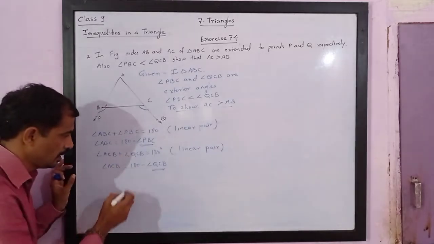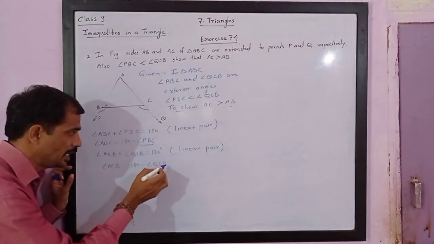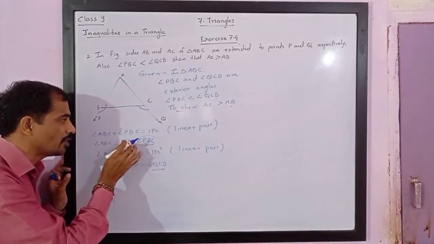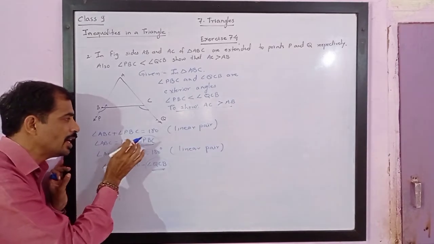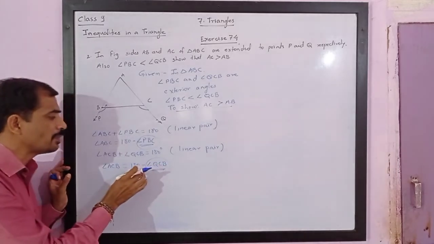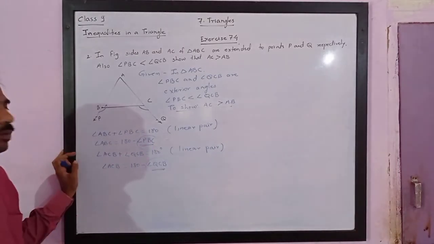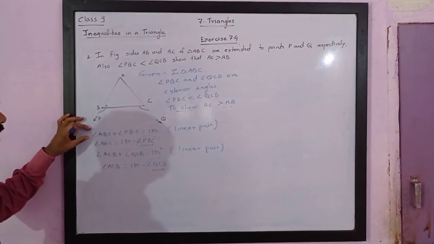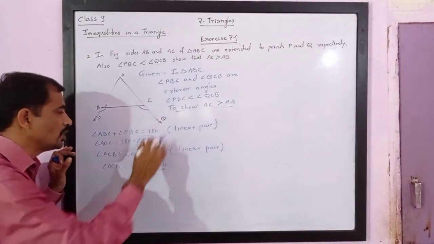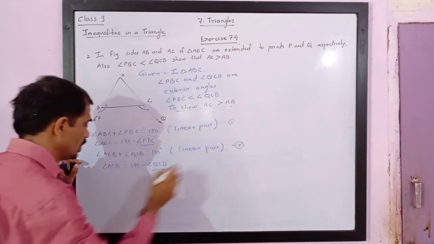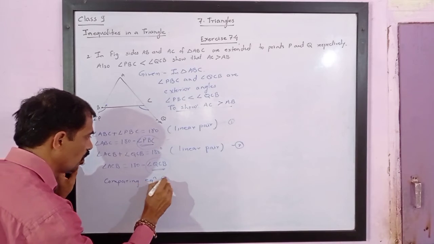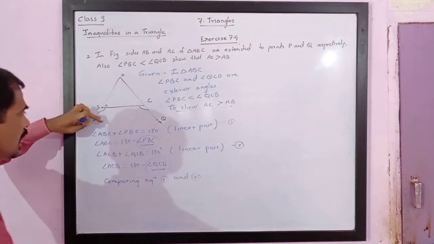If a smaller number is subtracted from 180 and a larger number is subtracted from 180, we will get a larger number in the first case. Or it can be understood in this way as well: we will compare these two equations, equation 1 and equation 2.